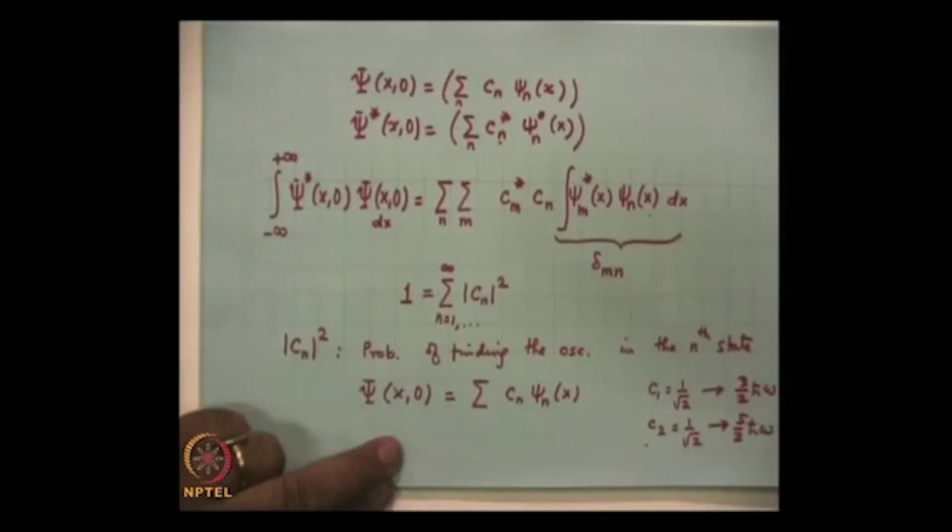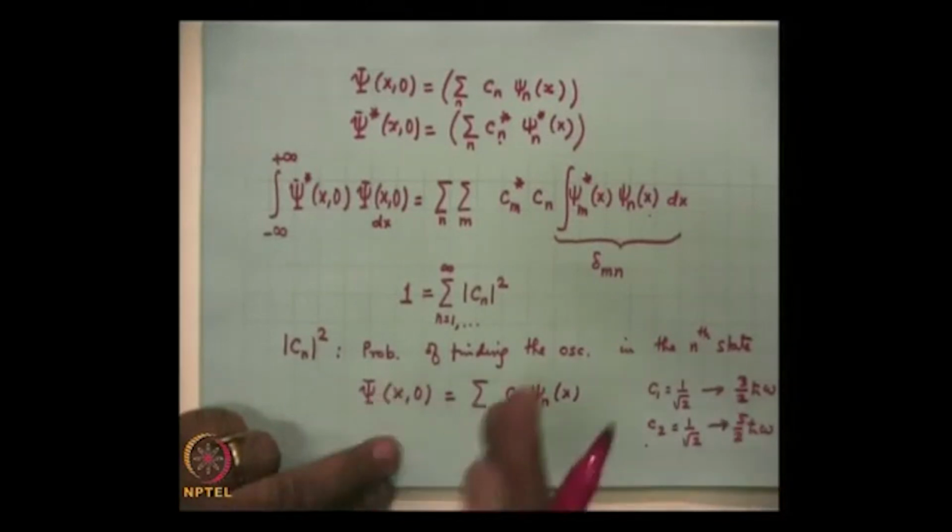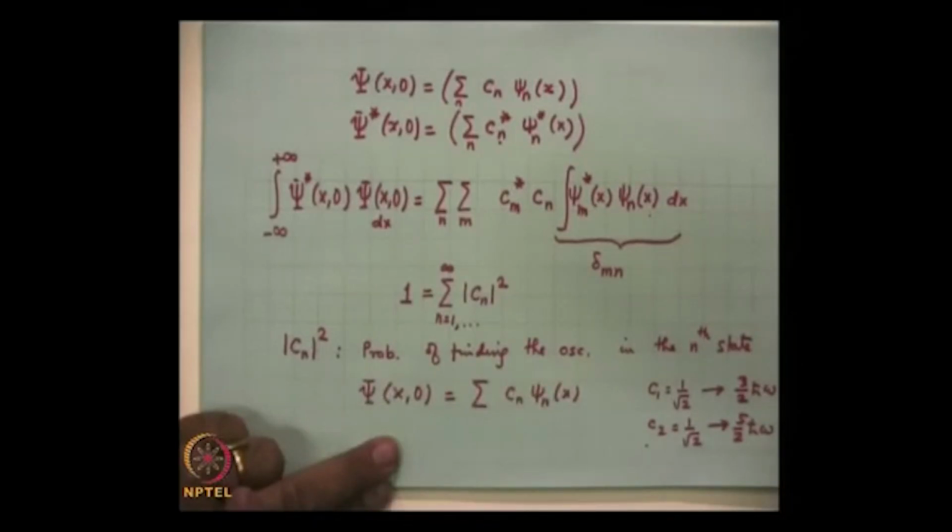Then you ask yourself the question: does the oscillator have a given fixed energy? The answer is no. If you make a measurement of energy, there is a half probability of finding 3 by 2 h cross omega, and there is a half probability of finding 5 by 2 h cross omega.